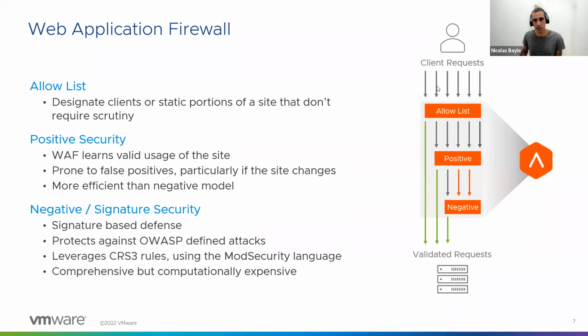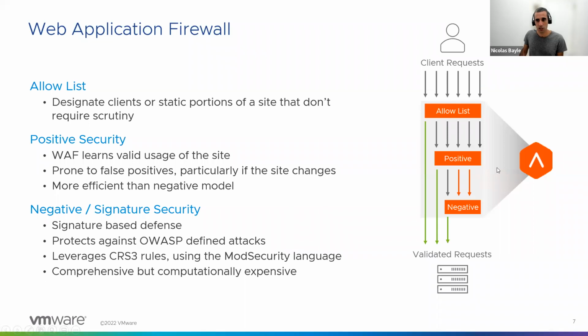In this case, you will create an allow list saying, if the URI is /images, you can go directly to the pool which handles these images, right? So the idea is we don't want to send all the requests to be checked against the web application firewall signatures. This is one example, and this is the first step, the allow list.